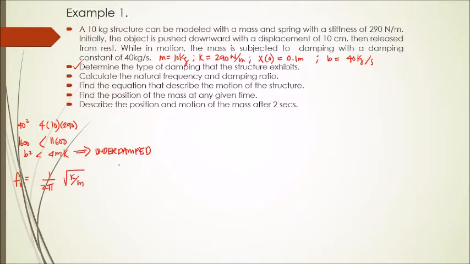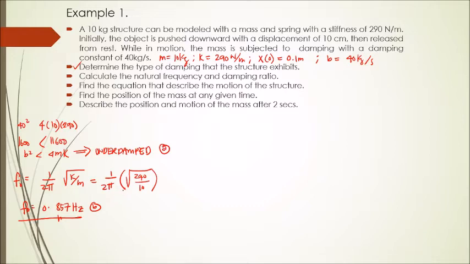So we have the square root of 290 over 10. Use your calculator. The natural frequency is equal to 0.857 hertz. So that is the answer to letter A.